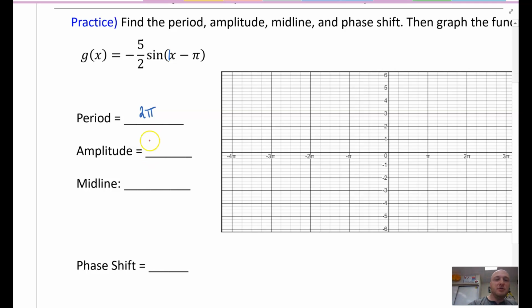The amplitude is the absolute value of -5/2, so your amplitude should be a positive 2.5. Your midline, we don't have a k value, so you're just centered on the x-axis, and then our phase shift is pi. And we're going to write pi units. So hopefully you got that. If you made any errors, pause the video, adjust, and then I'll show the answer here in a second.